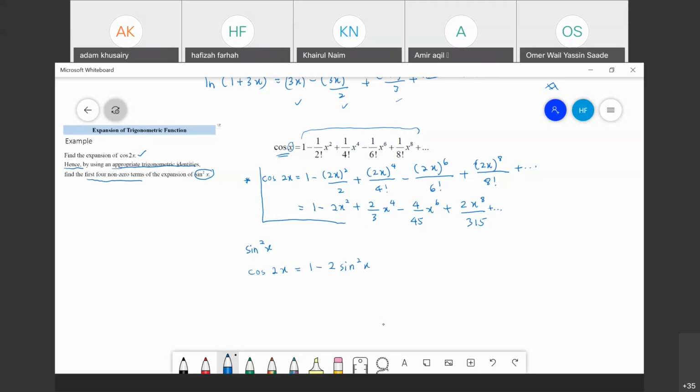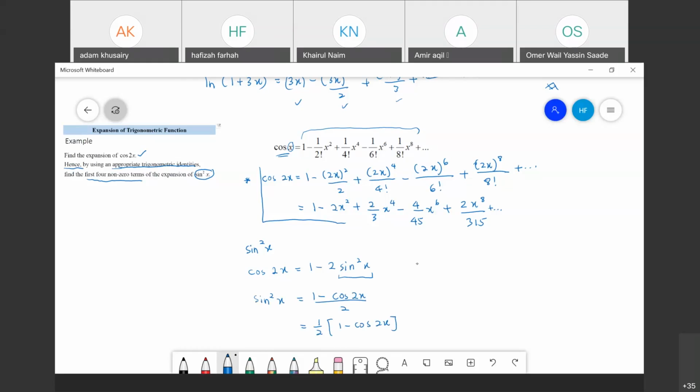From here, we reorganize this. We will get sine square x, which is 1 minus cos 2x over 2. By this, we got it in terms of this.